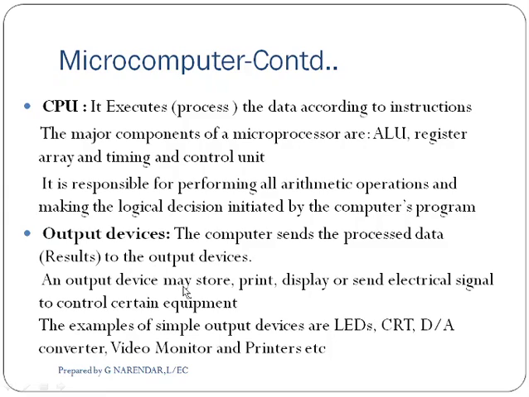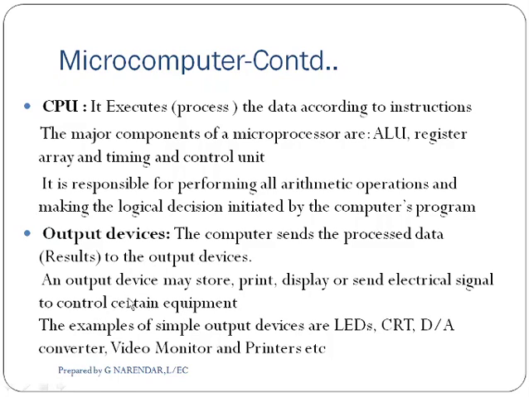The output device may store the result, or print the result, or display the result, or send the result to some other equipment. So output devices can vary. Some devices may store the result, some may print it, some may display it.